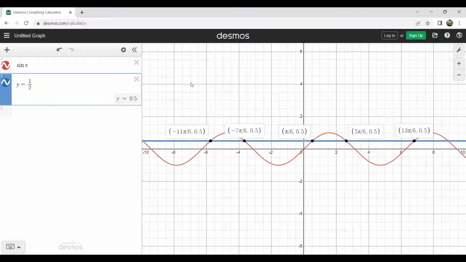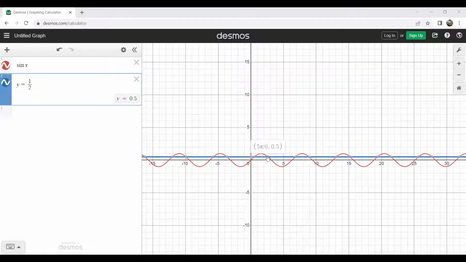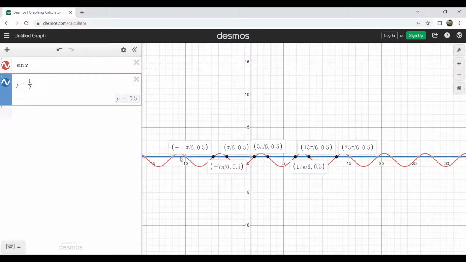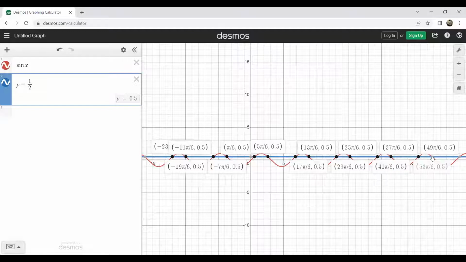Well, okay. If I go to the left, go to the right, I see there are a lot of points like this. Am I right? It's not just one point of intersection. There are a lot of them. And our job is to represent these points where sine hits or crosses the line y equals a half.